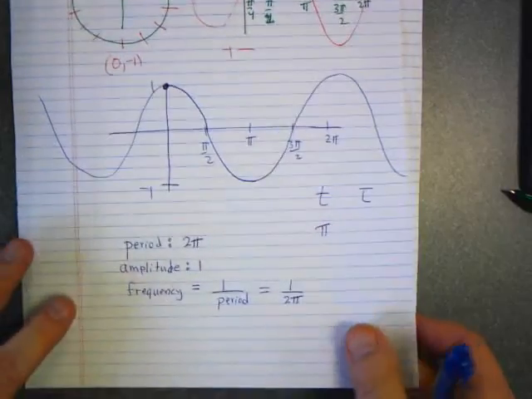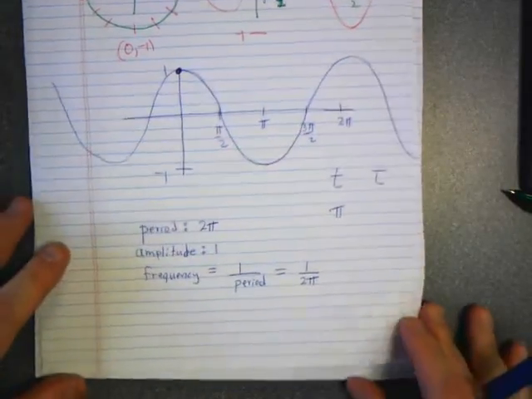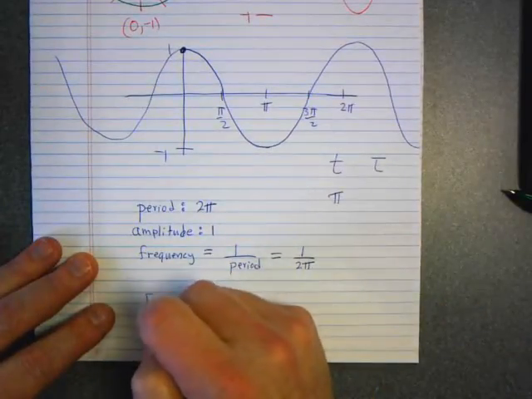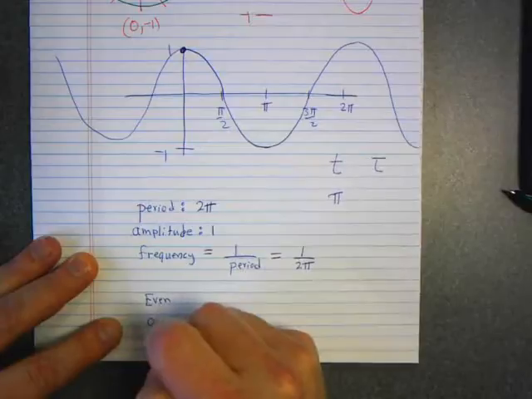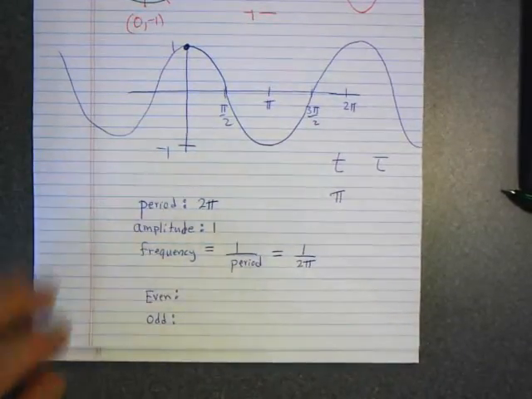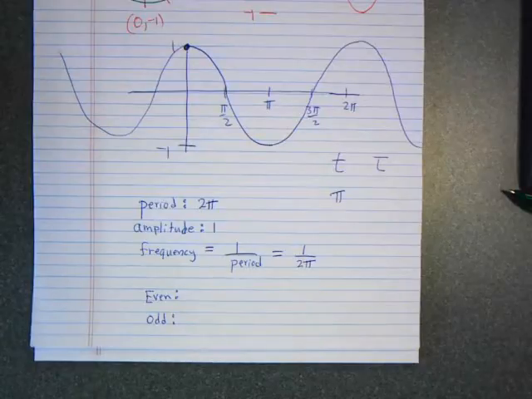Some other things I wanted to talk about. Back in Math 1411, you should have talked about even and odd functions. What do you remember about even and odd functions? Anything? What's that?